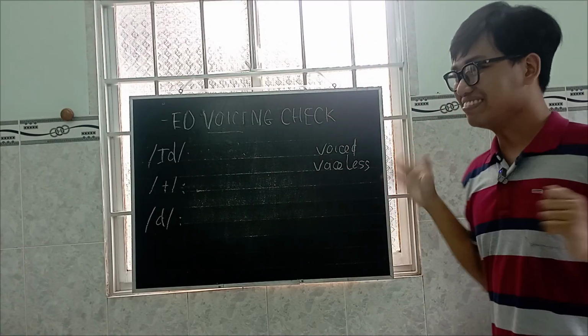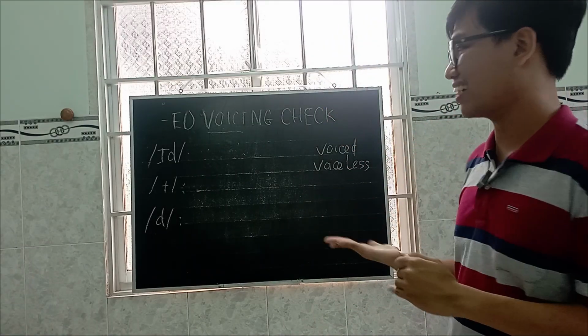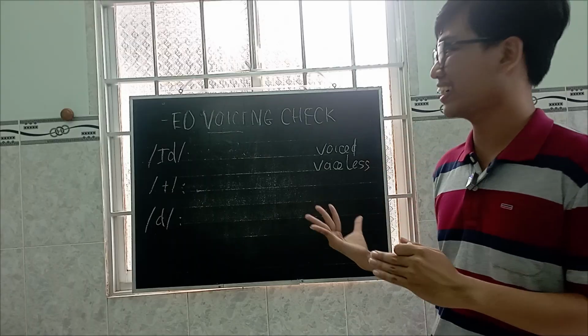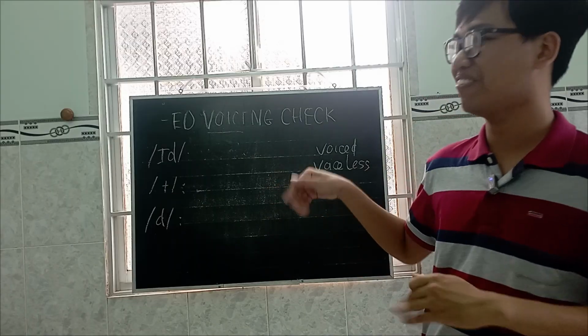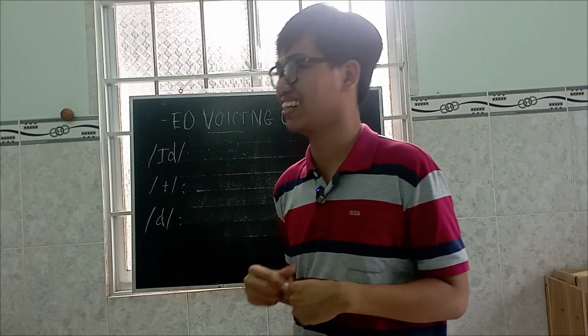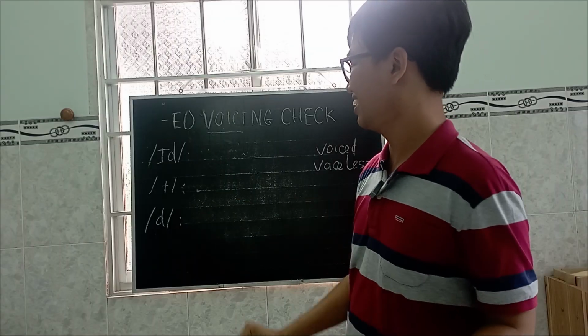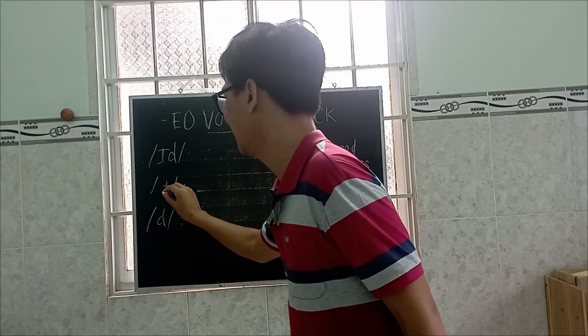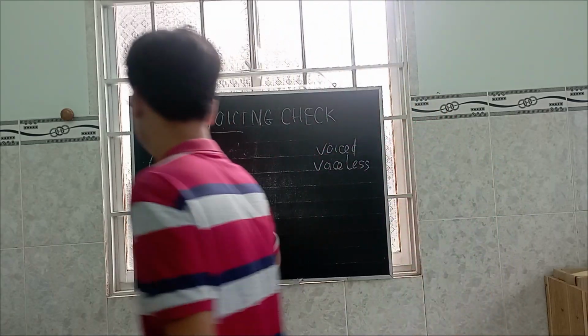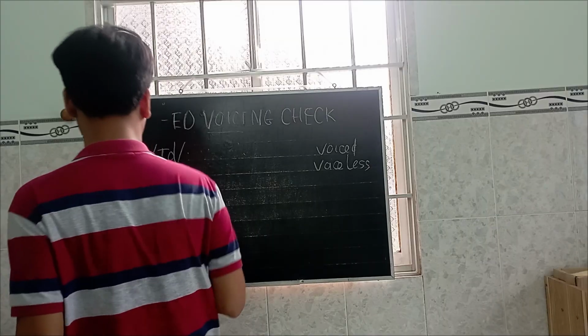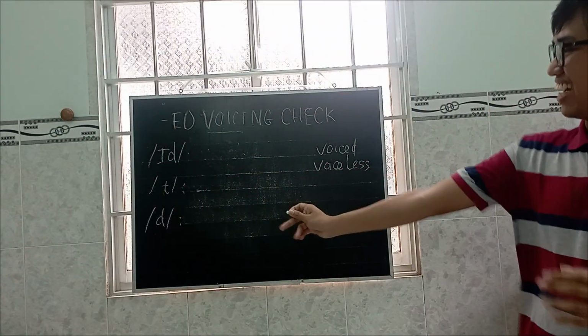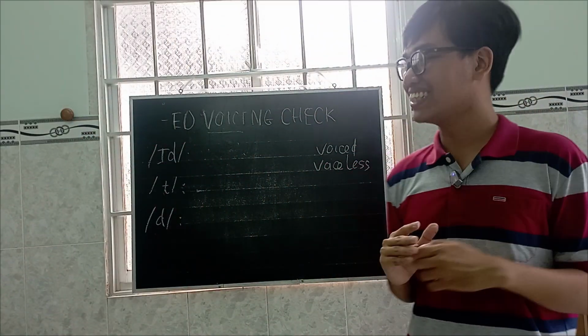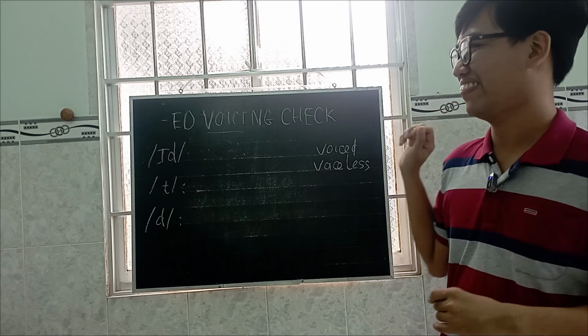So we will use this characteristic to sort the ED into three main groups. One is it, two is, right here, or and the. So let's take a look at the first group, it.